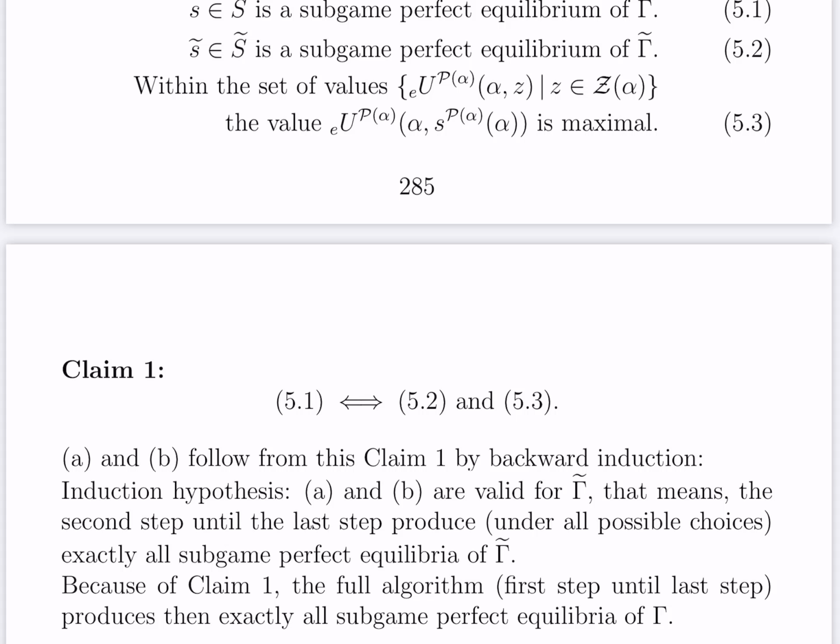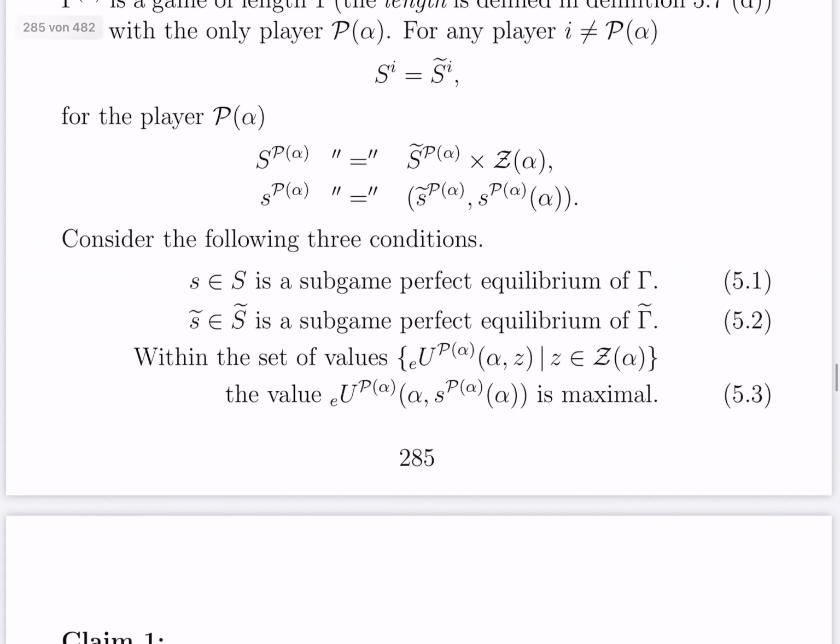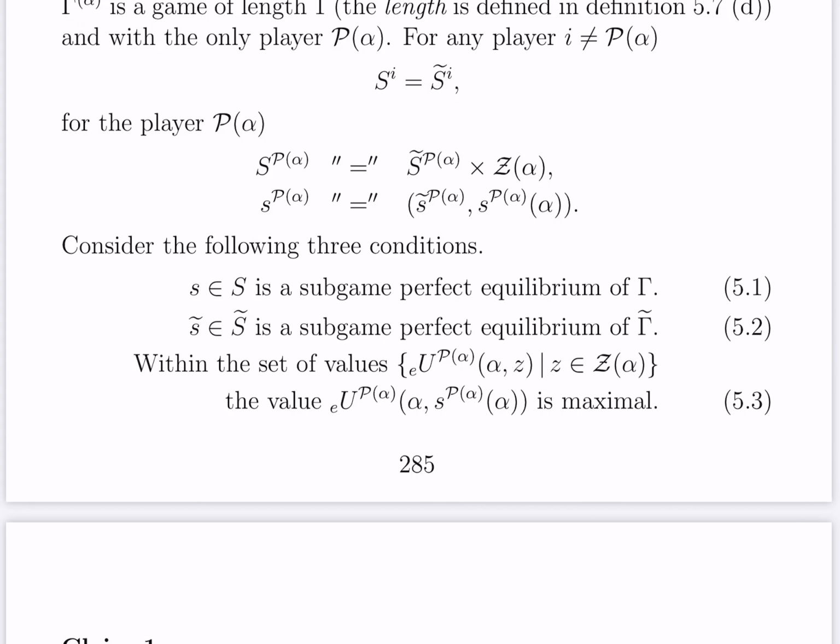So s tilde as well as this move are induced from s. And on the other hand, together they also imply s. We have seen this here. For the player P of alpha, his restricted strategy and his move after alpha together make up his full strategy.